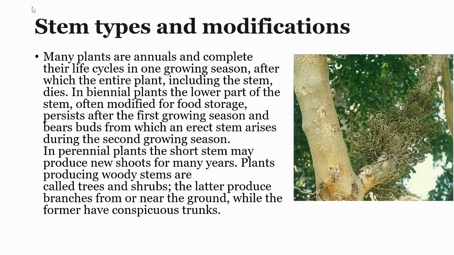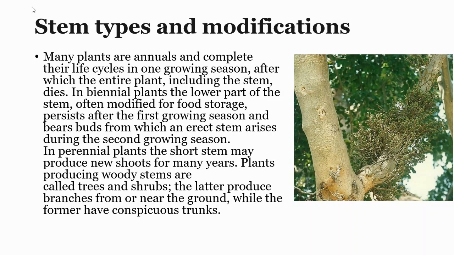Stem types and modifications. Many plants are annual and complete their life cycles in one growing season, after which the entire plant, including the stem, dies. In biennial plants, the lower part of the stem, often modified for food storage, persists after the first growing season and bears buds from which an erect stem arises during the second growing season.